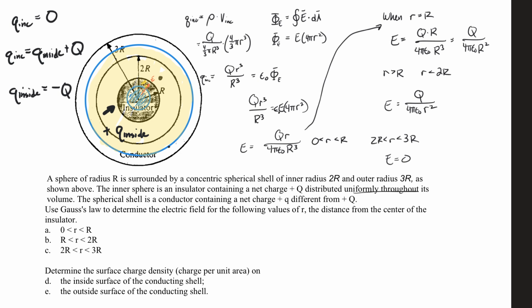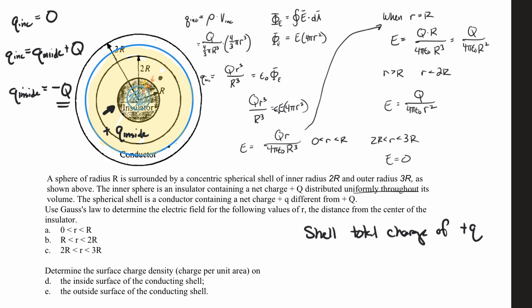It has to. But the outside surface of the conducting shell, well, we know the shell has a total charge of positive Q. But the inside of the shell has a charge of negative Q. So how much charge is left on the outside?